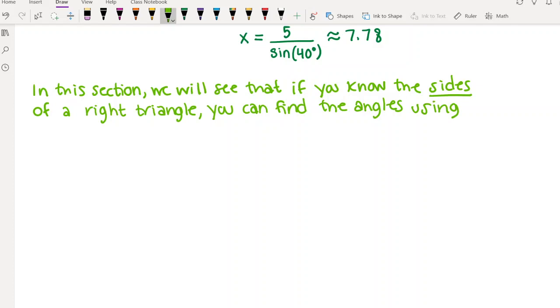Well, now we're not going to use regular trigonometry, we're going to use inverse trigonometric functions.